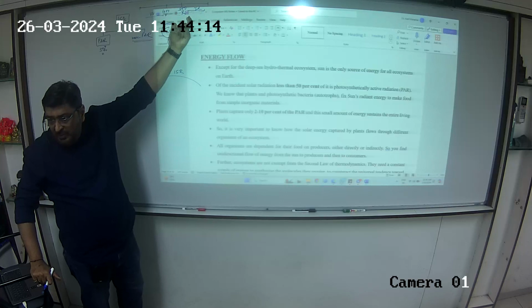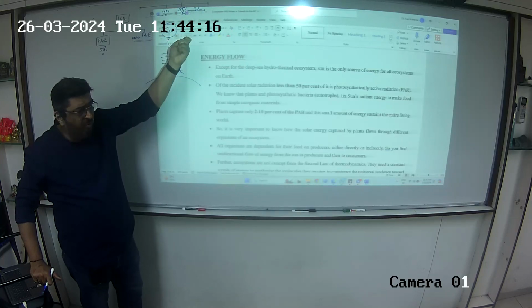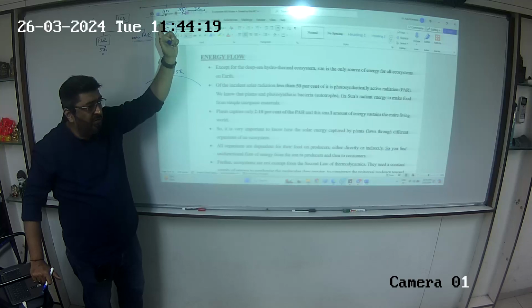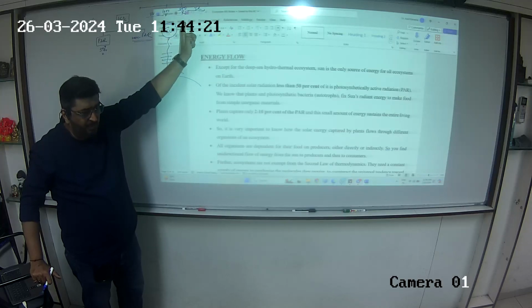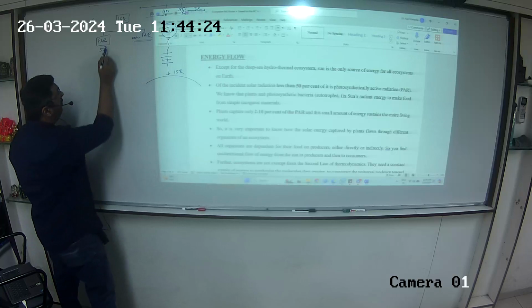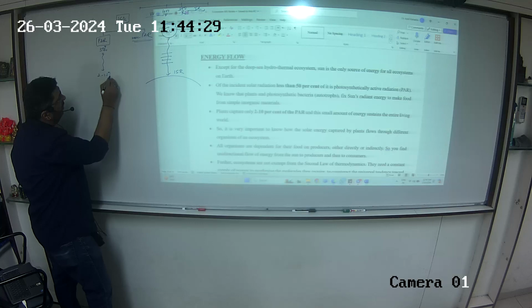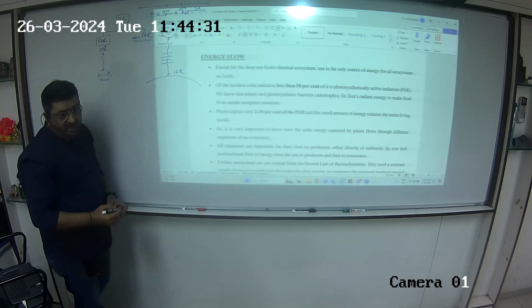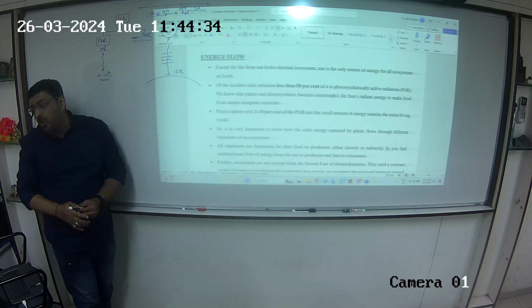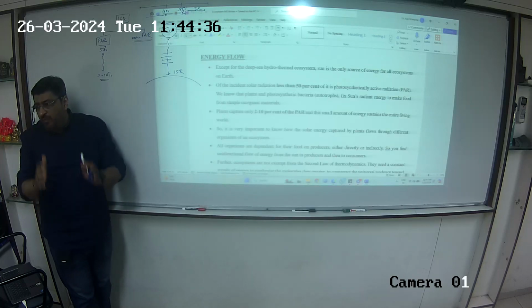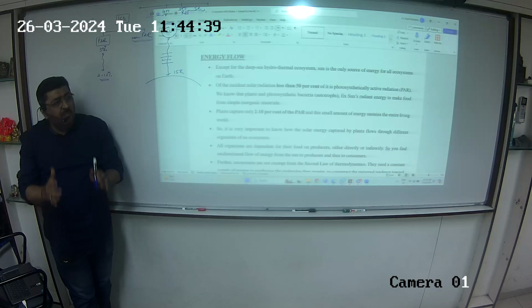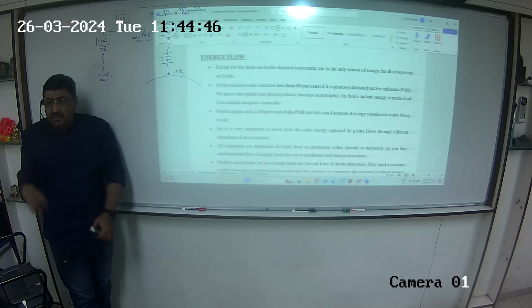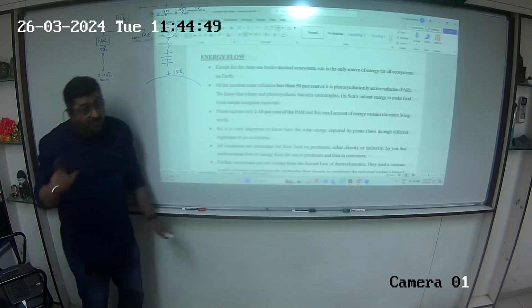So what they are mentioning is that less than 50% almost is the PAR component, the visible spectrum. But out of this PAR, plants are able to take up only 2 to 10%. That means plants are not using up even the PAR totally. Out of the PAR available, plants are capable of taking up only 2 to 10%, and this is enough for the entire ecosystem, or the biosphere, to run.